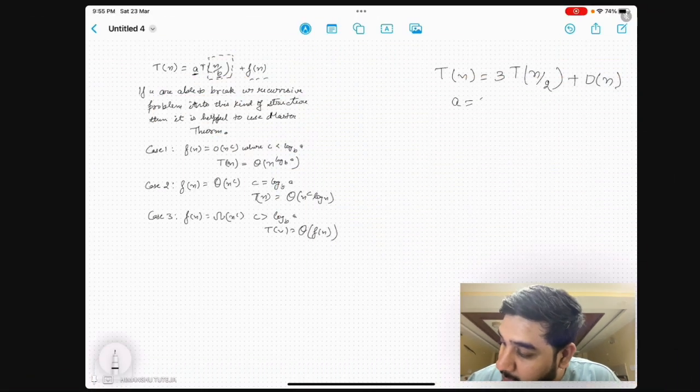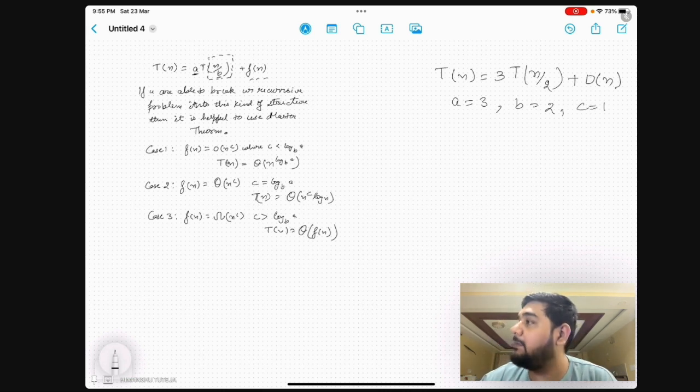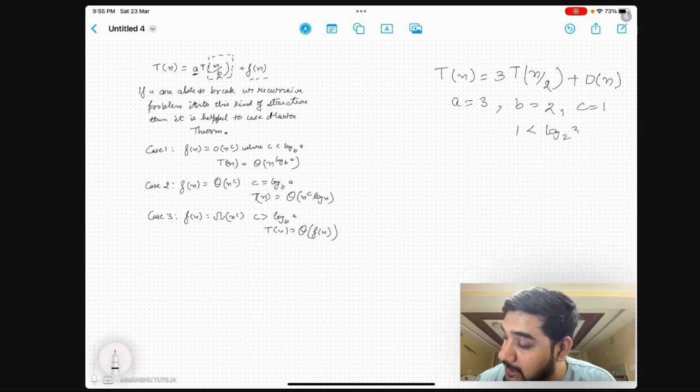Values: a equals 3, b equals 2, and here c will be 1, because n is to the power 1. Now, when we go to case 1, c is 1, which is less than log base 2 of 3.